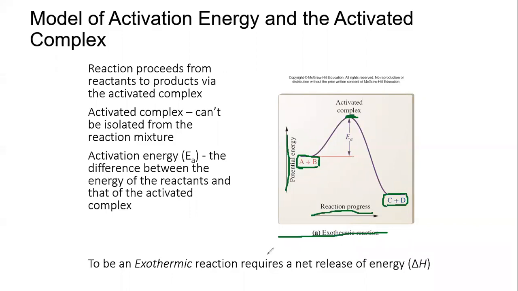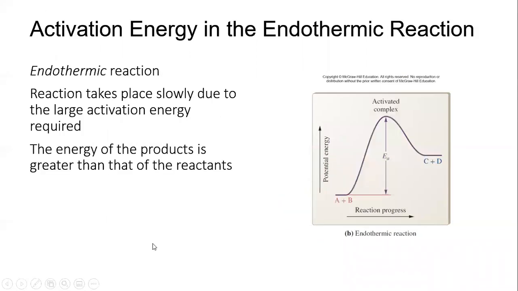Now, you may ask, what happens when heat is absorbed? When heat is absorbed, it's an endothermic reaction, and you notice the difference in the energy diagram. Here the reactants are lower in energy than the products. This means energy is absorbed to go from reactants to products, but you still have to overcome this activation energy.